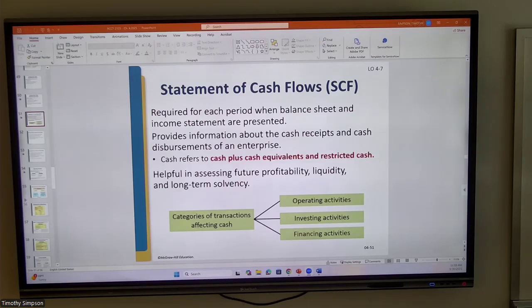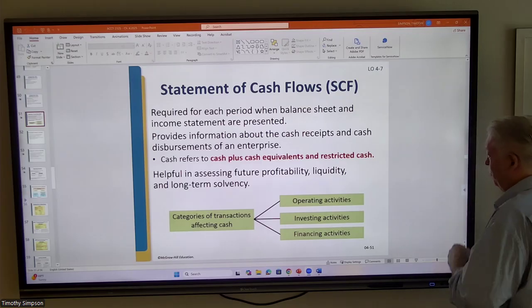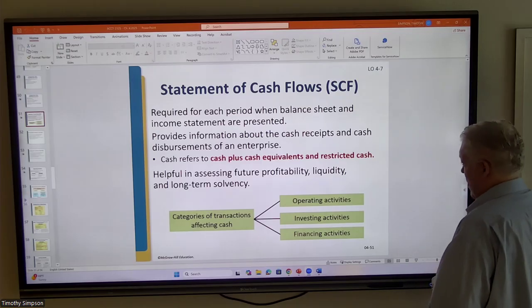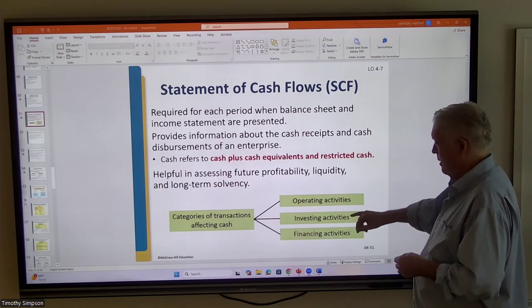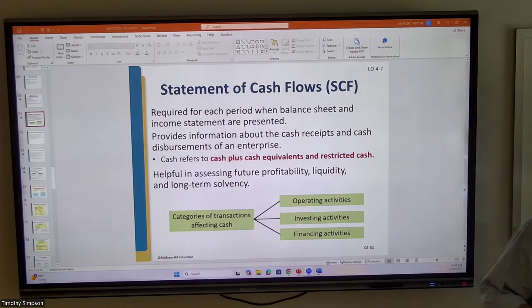Liquidity is based on very short-term needs for cash, like payables, salaries, and wages. Solvency deals with long-term debt and all other obligations the company has. Investing is more the left side of the balance sheet, that is assets, and financing is more debt and equity, since companies can be funded in one of two ways, debt or equity. We're going to get to that and talk more about what those are.